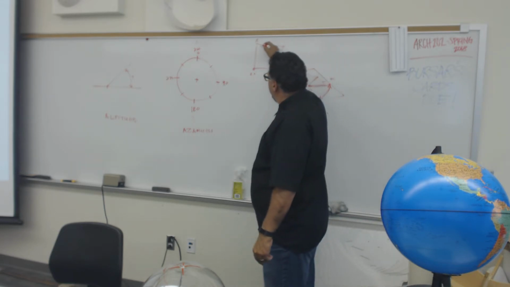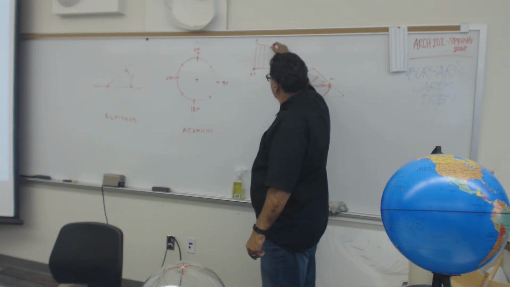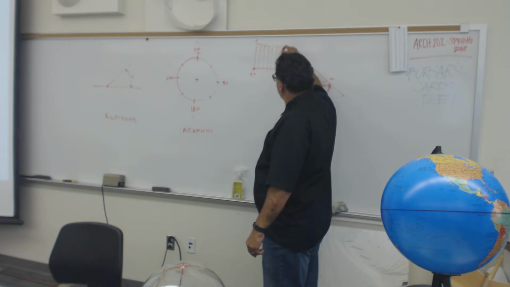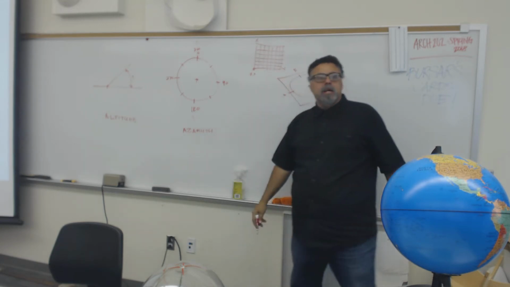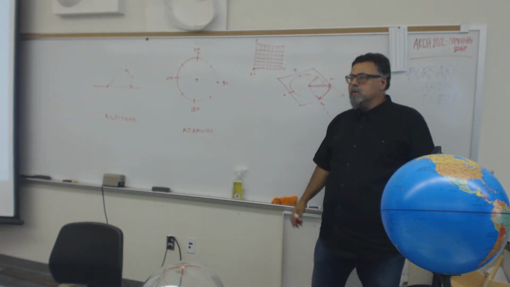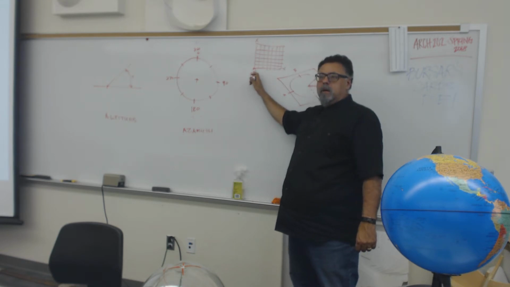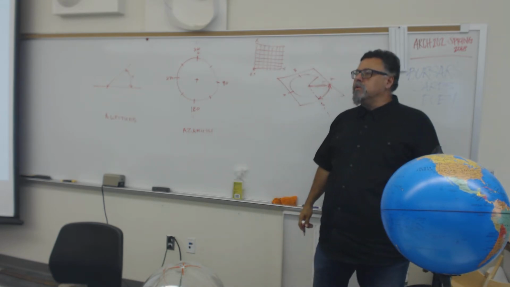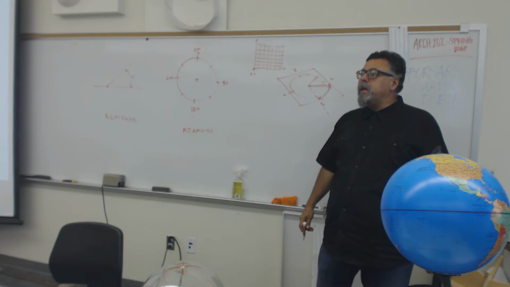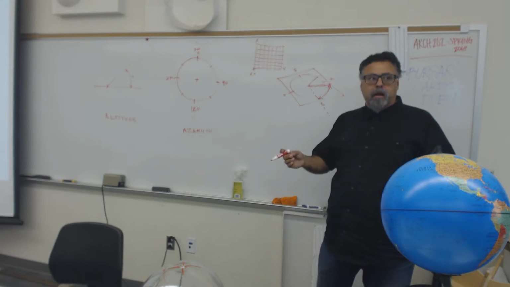If I asked you to go to position 0, 0 on this grid, you'd go right here. And if I said go to 6, 3, that's a coordinate.